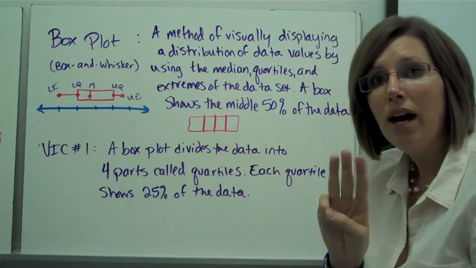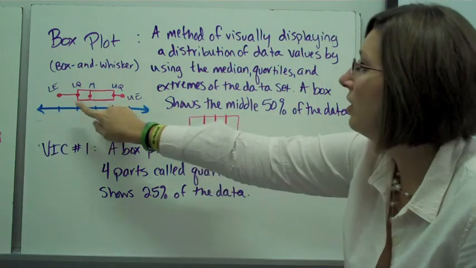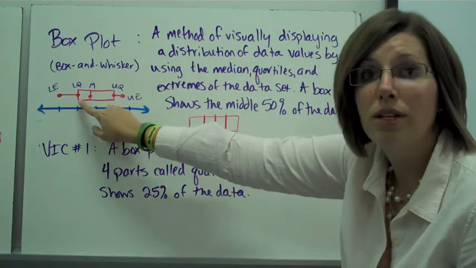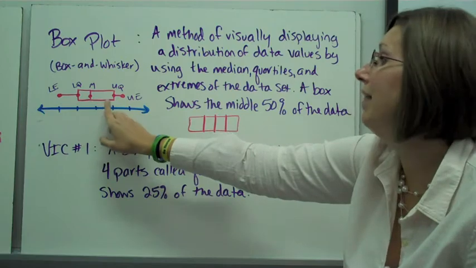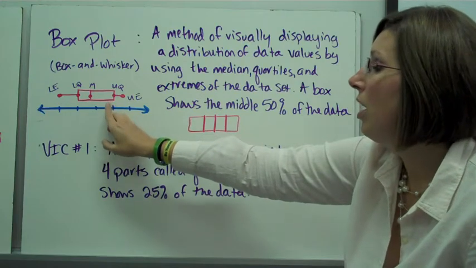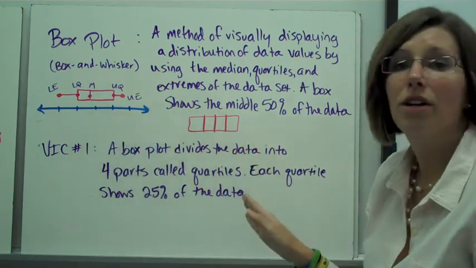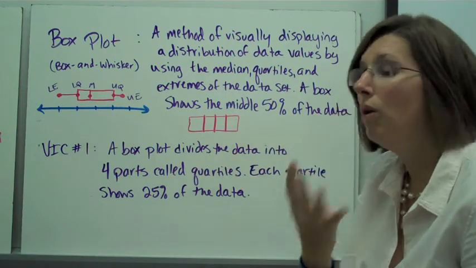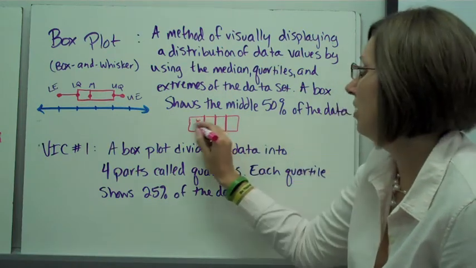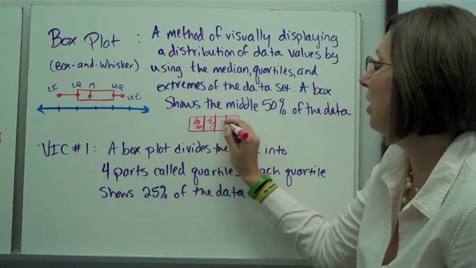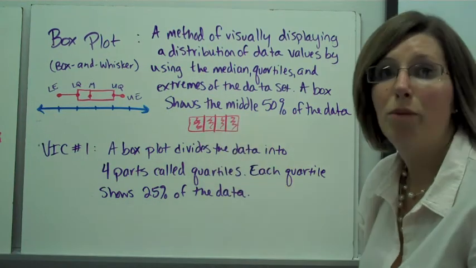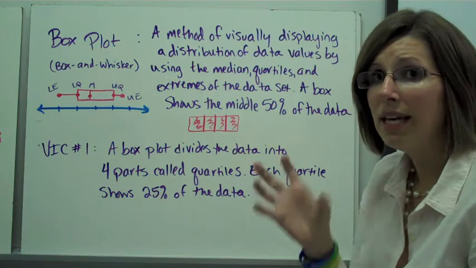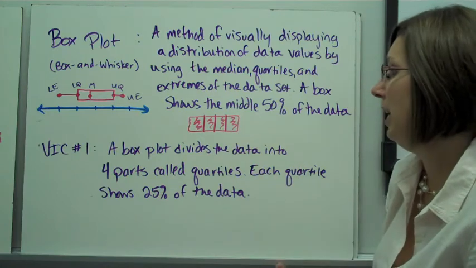So those 3 cuts are really shown here for the lower quartile, the median, and the upper quartile. So by cutting your box in 3 places, you've created 4 quartiles. Each quartile is worth 25% of your data. It holds 25% of the data.